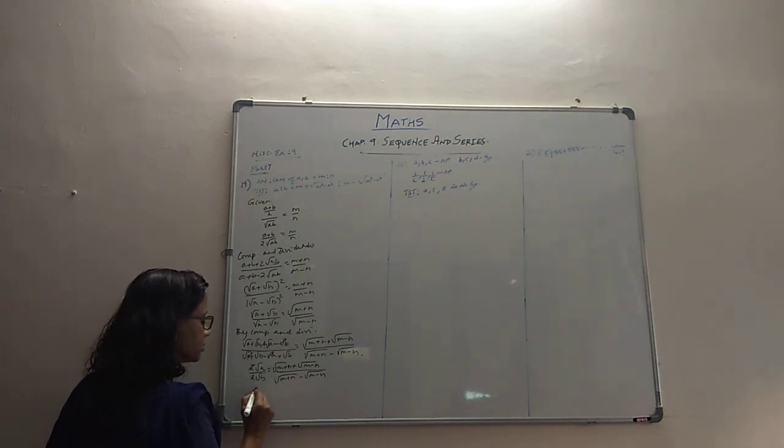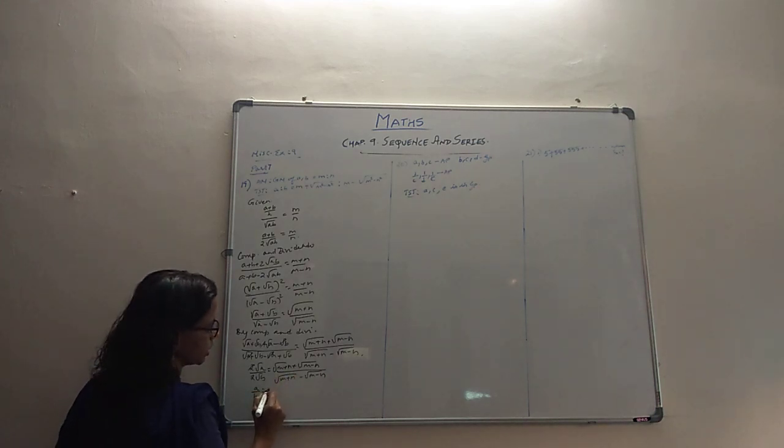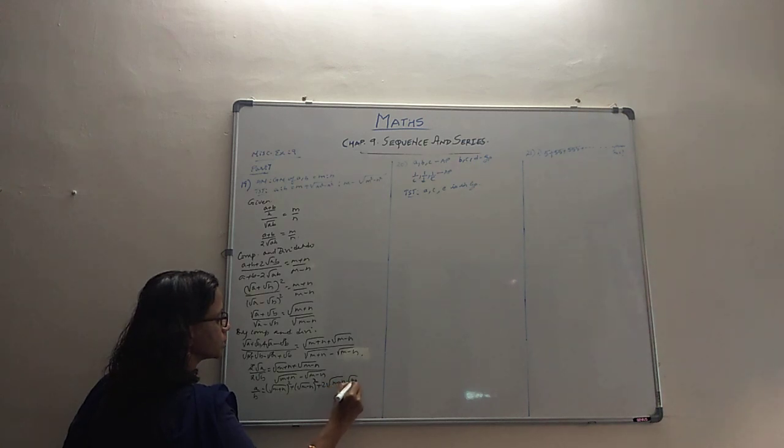So what will happen? This will become a, this will become b. And squaring numerator and denominator: root of (m plus n) whole squared plus root of (m minus n) whole squared plus 2 times root of (m plus n) into (m minus n).